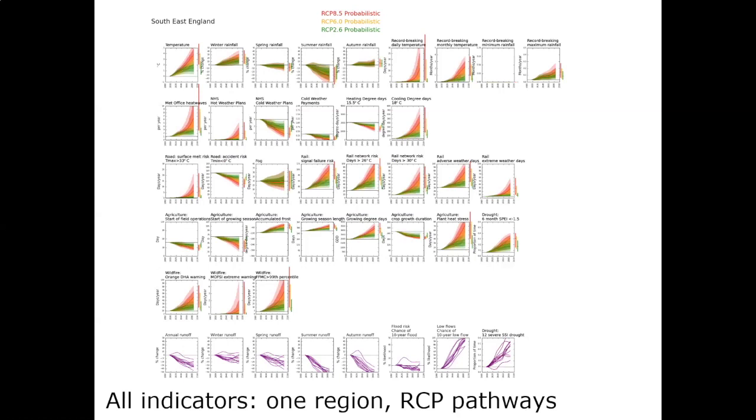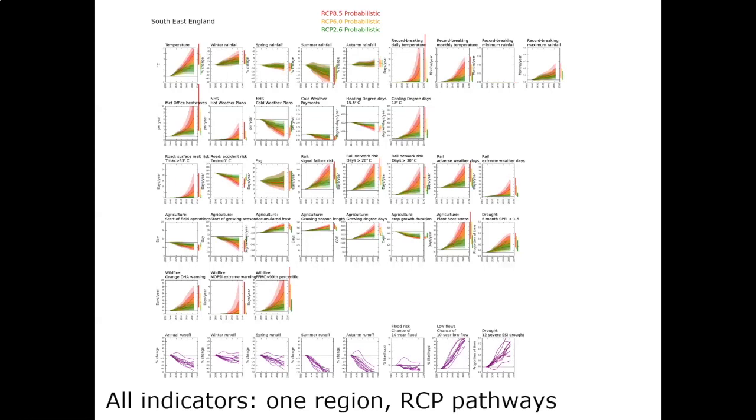And in each case, ignore the bottom row for the moment, the red lines are the impacts under this particular set of indicators we get with the high emissions, that's RCP 8.5, the green is under the low emissions, and the yellow is the intermediate one in the middle. And in each case, the range, the fuzziness around the lines, represents our uncertainty in that indicator as we go through the 21st century.